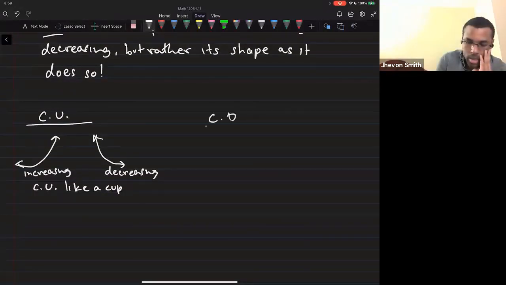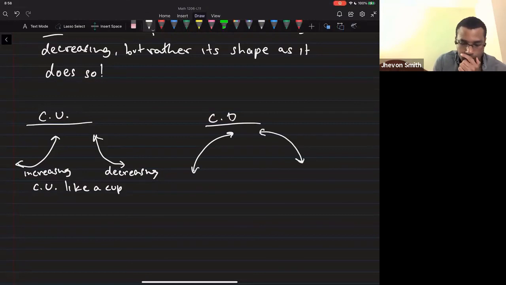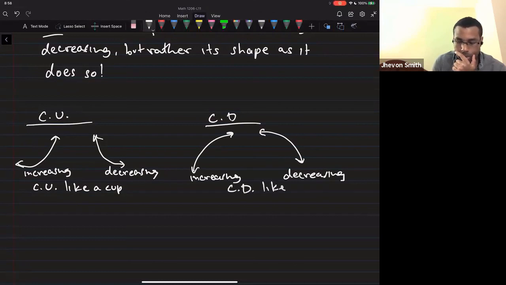And we have concave down. It will look like this or this. This is when it's increasing. This is when it's decreasing. And you have the mnemonic concave down like a frown.